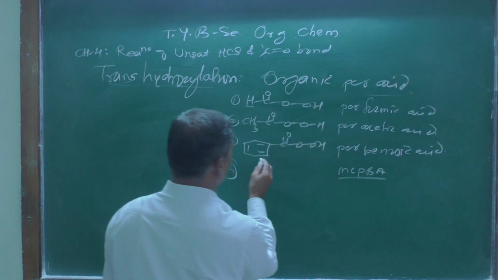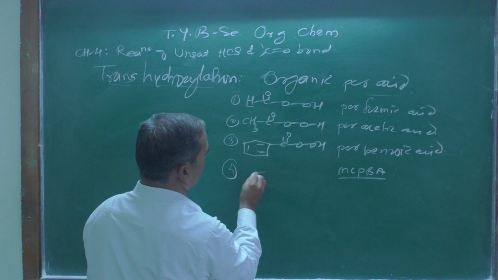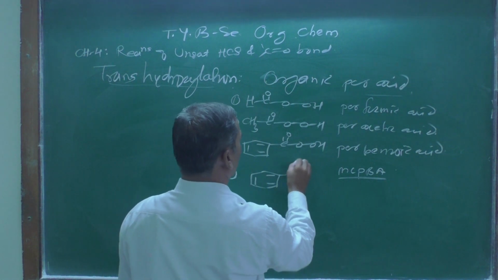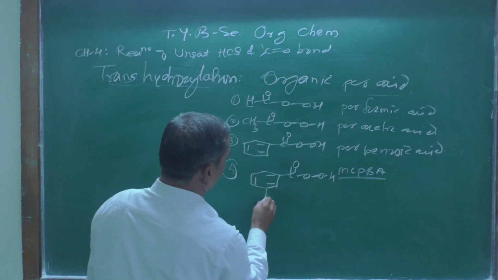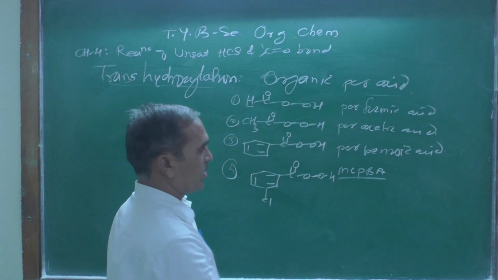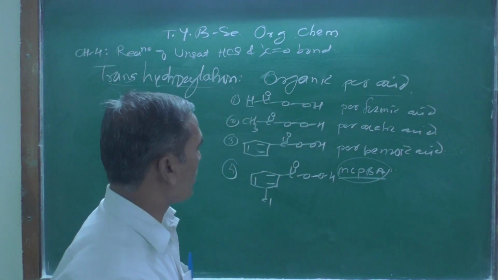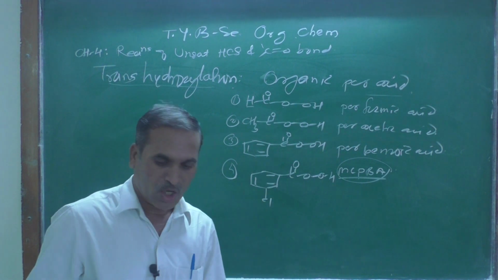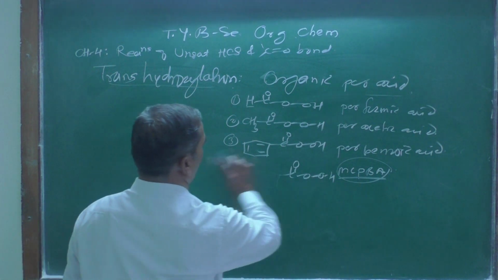The structure is a perbenzoic acid, only at the meta position you introduce a chlorine group, so that is known as metachloroperbenzoic acid. So these are the organic per acids used for the trans hydroxylation.